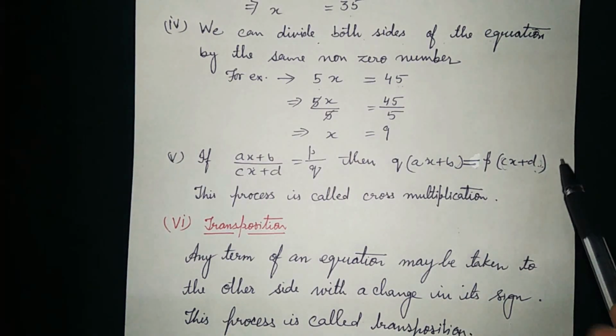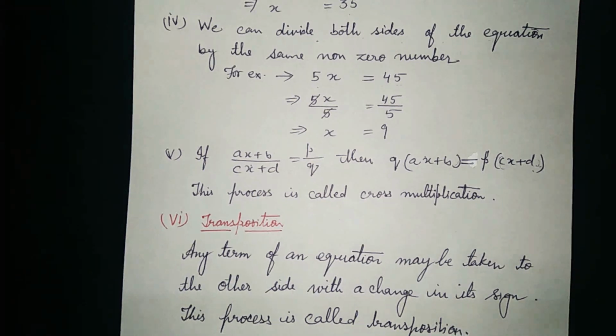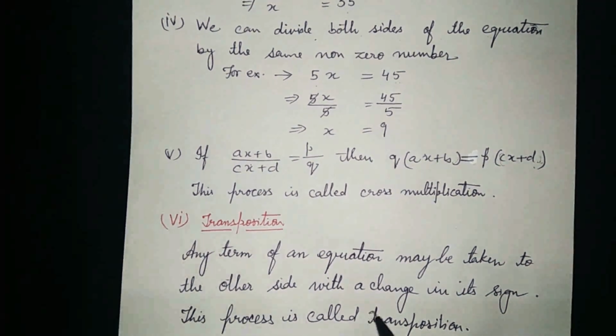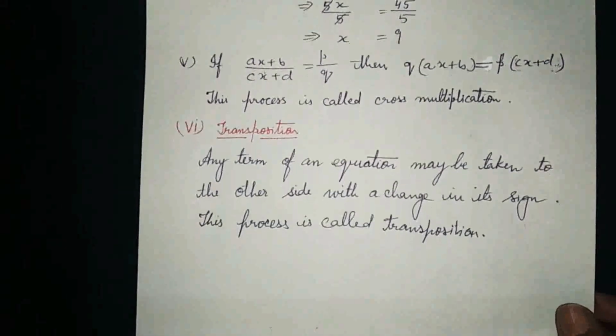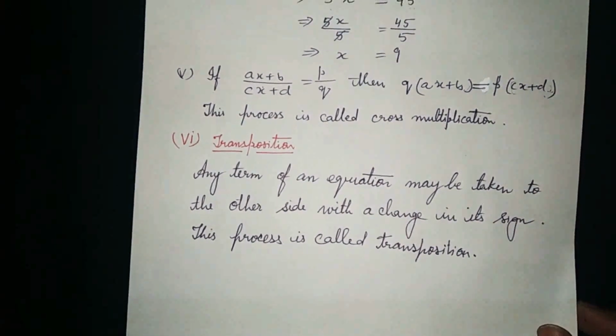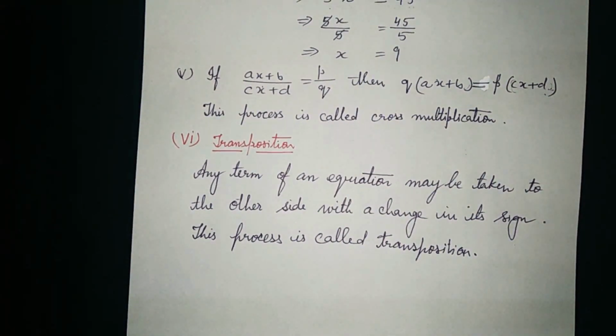Okay. Now I will tell you about transposition. In transposition, any term of an equation may be taken to the other side. Other side means from left hand side to right hand side, with a change in its sign. This process is called transposition.